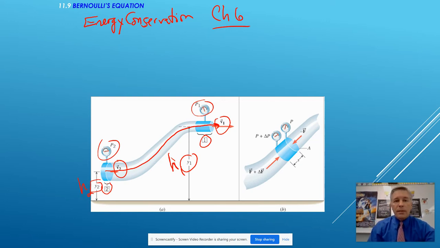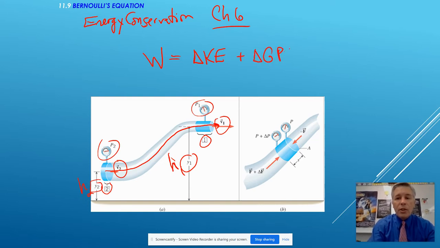There are two major things that are going to be important, but the main idea of energy conservation is that the work that you do to some system, to some object, is going to cause a change in energy. It can cause a change in kinetic energy. It can cause a change in gravitational potential energy. It can also cause a change in elastic potential energy, but I'm not going to put that on here because with our incompressible fluids, that doesn't matter.